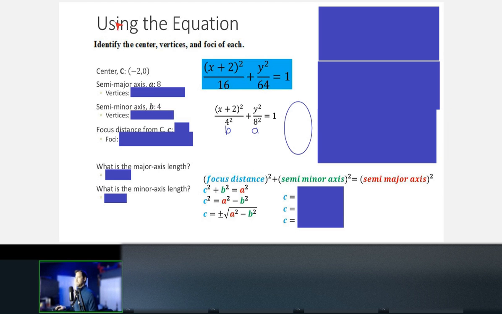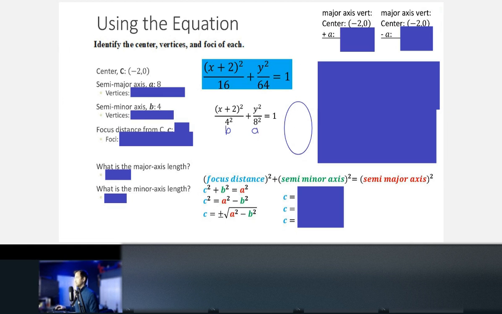And then let's jump to the vertices. So from the center, remember the A is the major axis. So the A, we are going up and down. How many from the center? So from the center, we're going up and down 8. Yes. So we are changing the Y value.